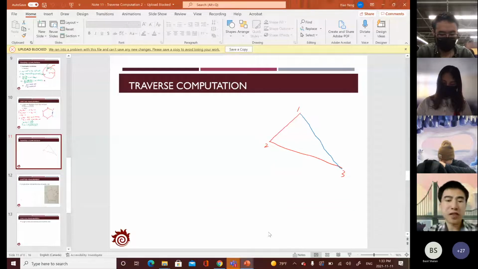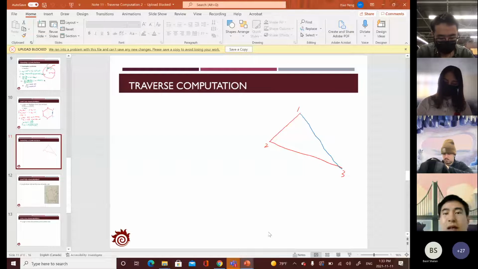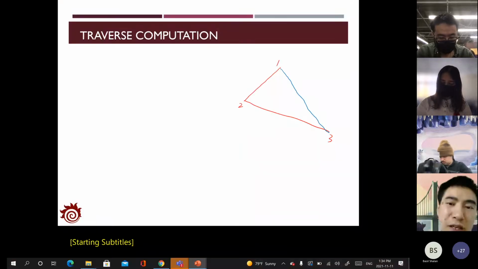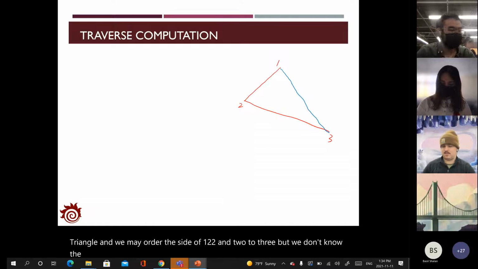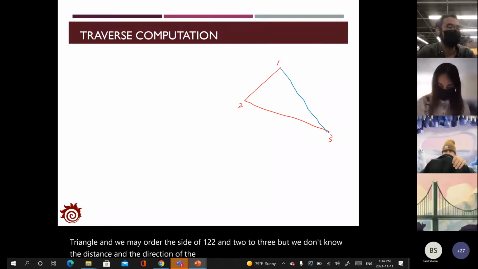But first, let's check one example to verify the traverse computation when one side is missing. So assuming that we will work on the triangle, and we measure the side of 1 to 2 and 2 to 3, but we don't know the distance and the direction of the line 1 to 3.